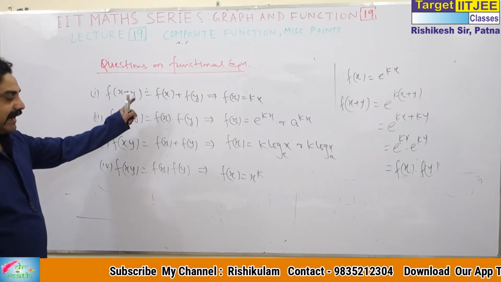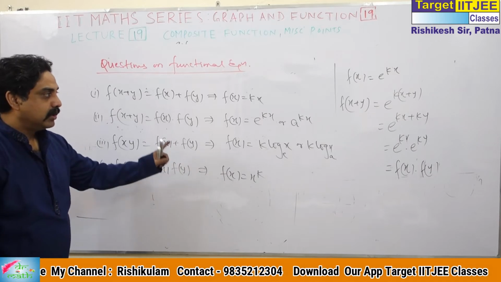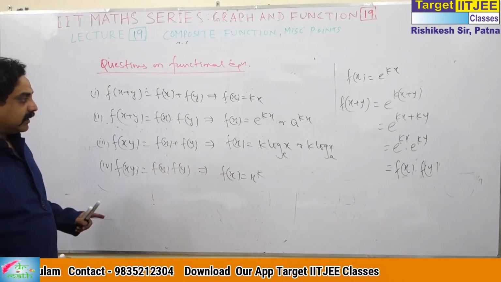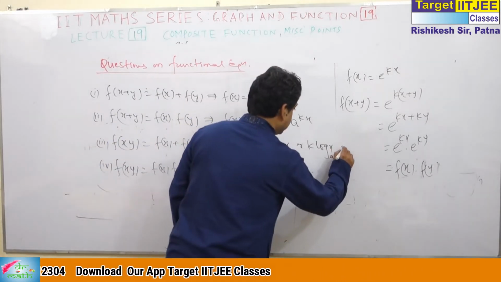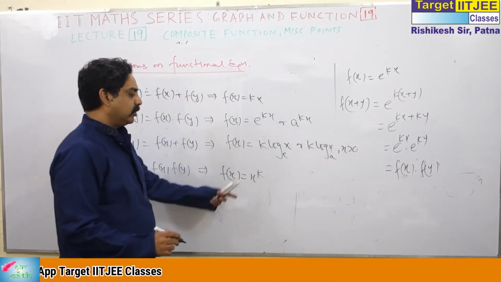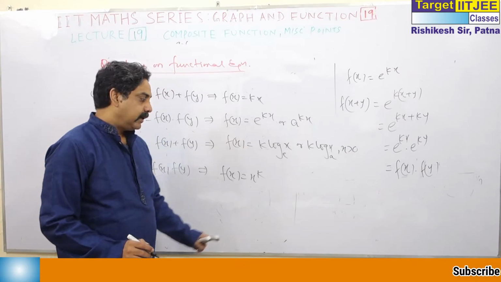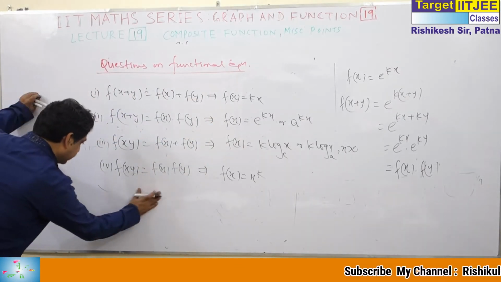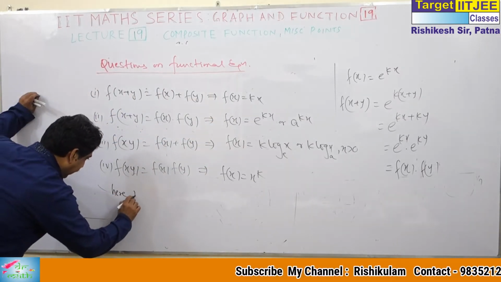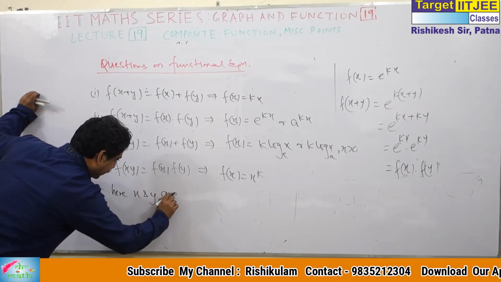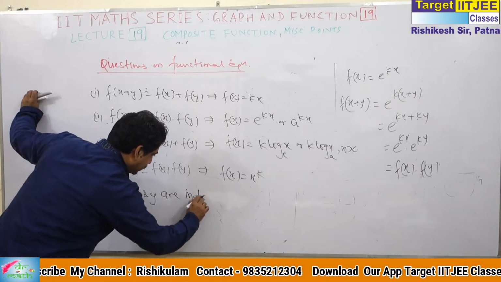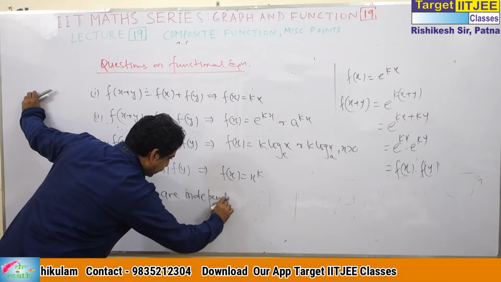But for that, you have to keep in mind there is a domain for this. This becomes x greater than 0 due to log. This is defined when x is greater than 0, x not equal to 0. And one more thing is that here x and y are independent. What does it mean that x and y are independent?